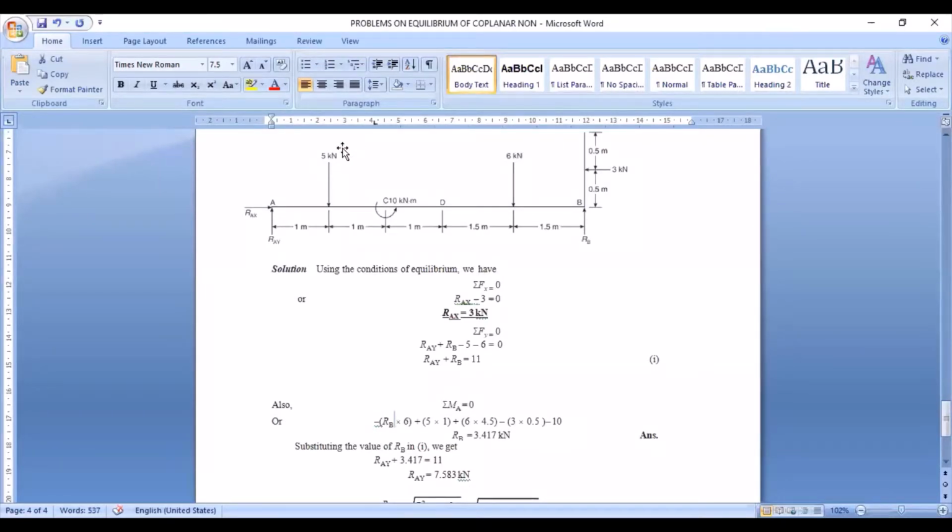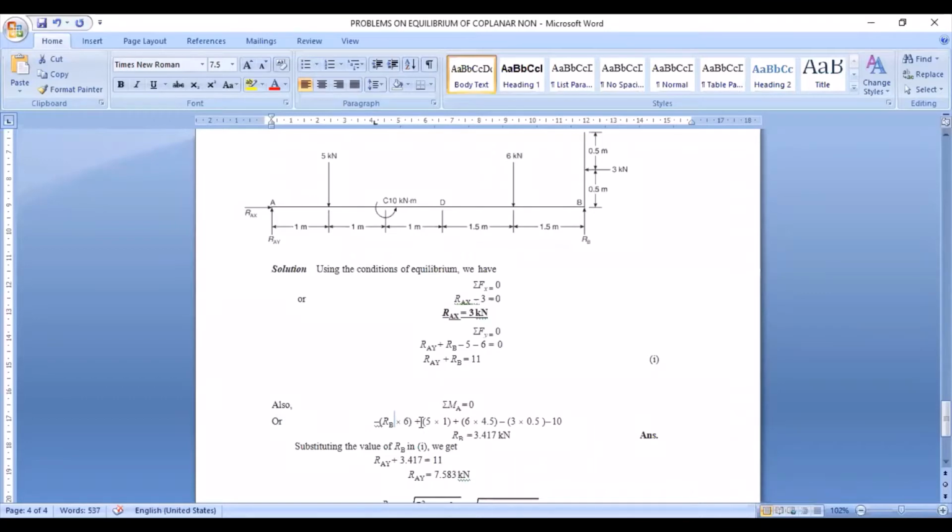Now next you have a 5 kilonewton force here, which is again a vertical force. Distance to be multiplied, horizontal. It is acting at 1 meter from A. So 5 into 1, which is going to cause a clockwise moment. So it is taken with the positive sign.